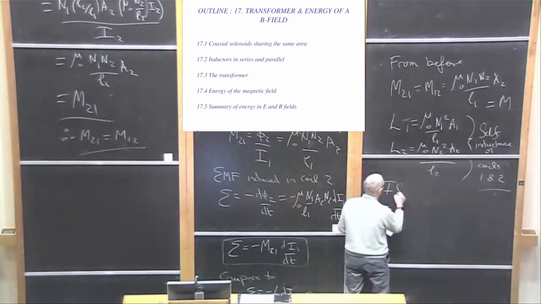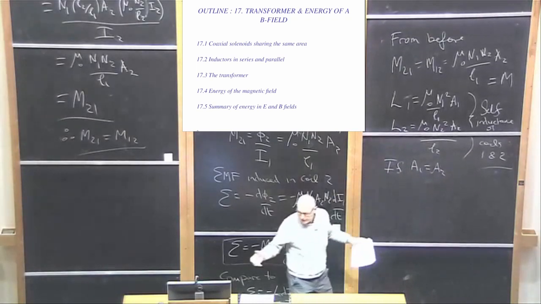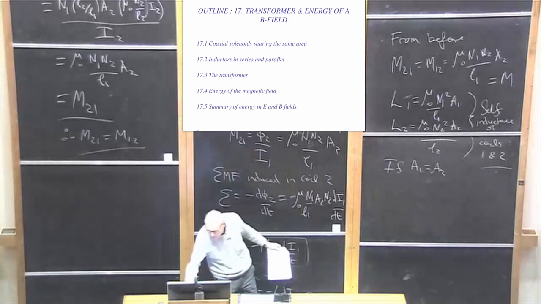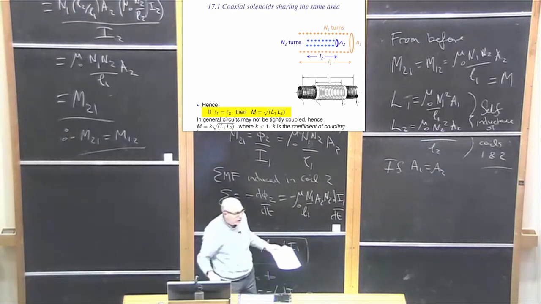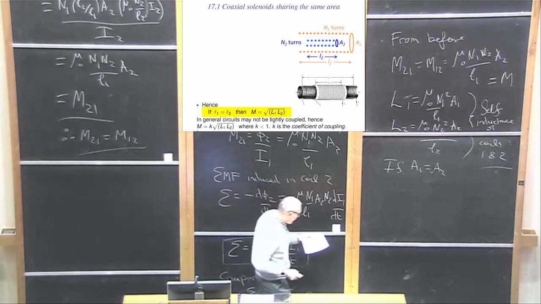Now if A1 is A2, so the areas completely overlap, here is the figure, the same one I showed before. Here the coils overlap.